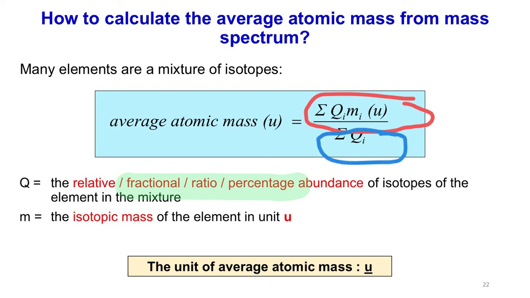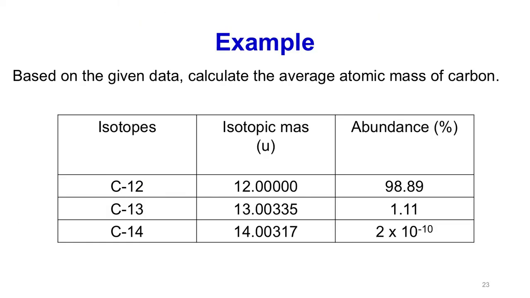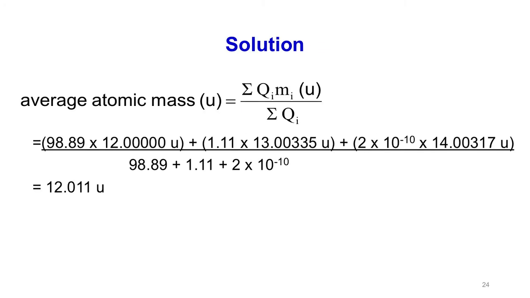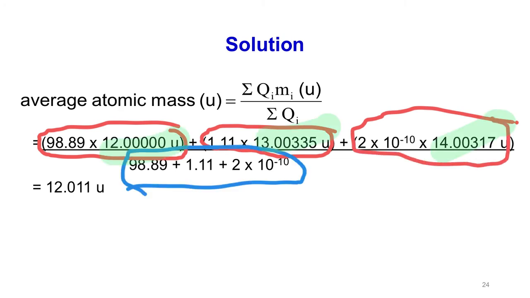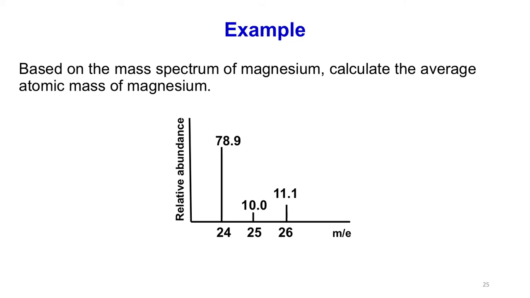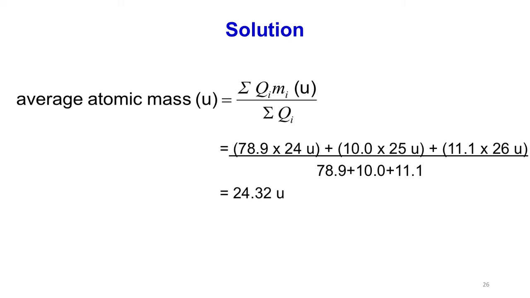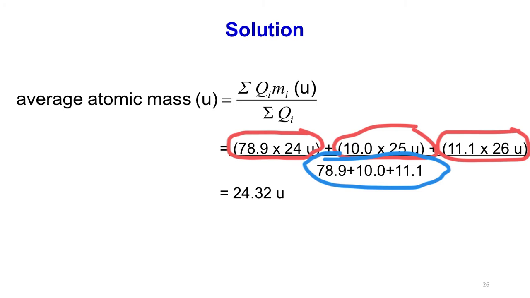The unit for average atomic mass is U. For example, to calculate the average atomic mass of carbon, given the isotopic mass and abundance for each isotope in percentage, we multiply the abundance of each isotope with its isotopic mass, divided by the total abundance. Next, to calculate the average atomic mass of magnesium given by the mass spectrum, we multiply the abundance of each isotope with its mass, divided by the total abundance.